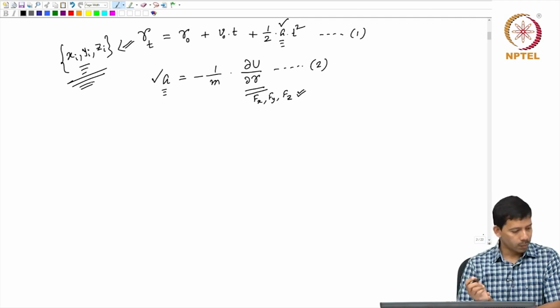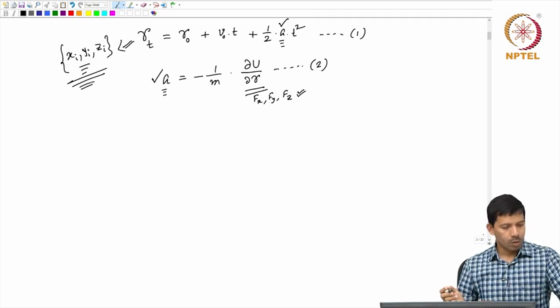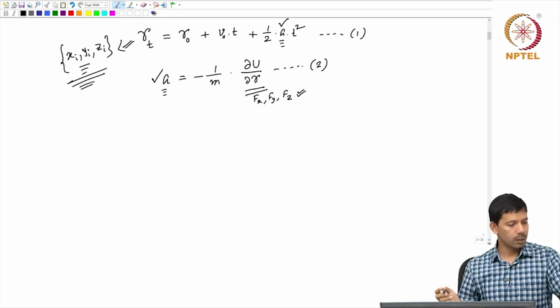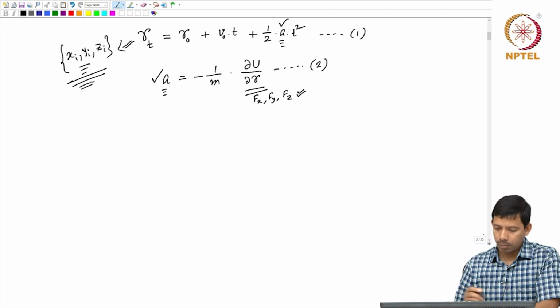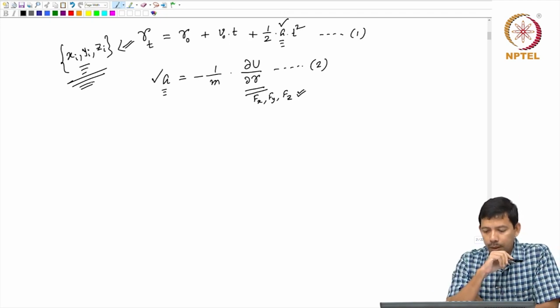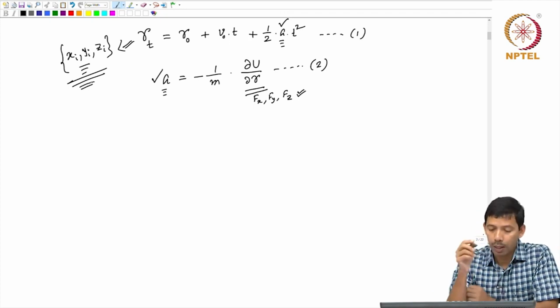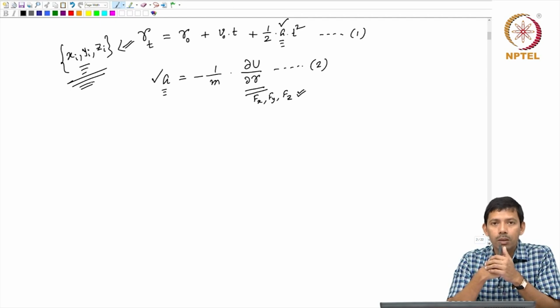So the next thing we will be looking at is something where we can generate different microstates of a system by another computer simulation method.